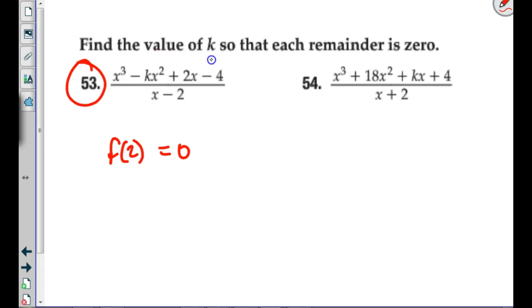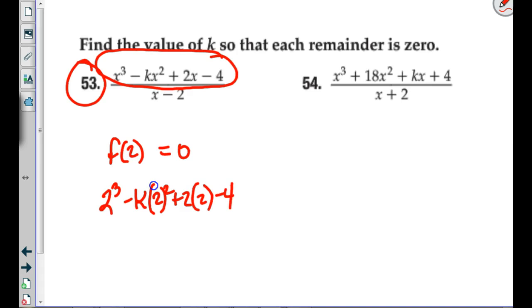So I'm going to put a 2 in up here, and it will be 2 to the 3rd minus k times 2 squared plus 2 times 2 minus 4, and it's supposed to come out 0. Now, is that something we should be able to solve because it only has one variable? This is 8 minus 4k plus 4 minus 4 equals 0.